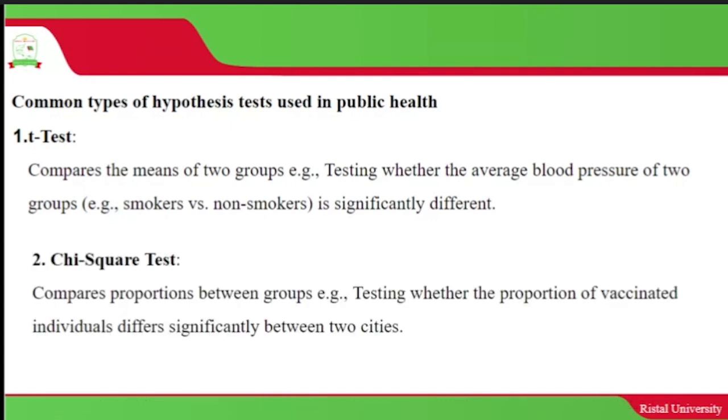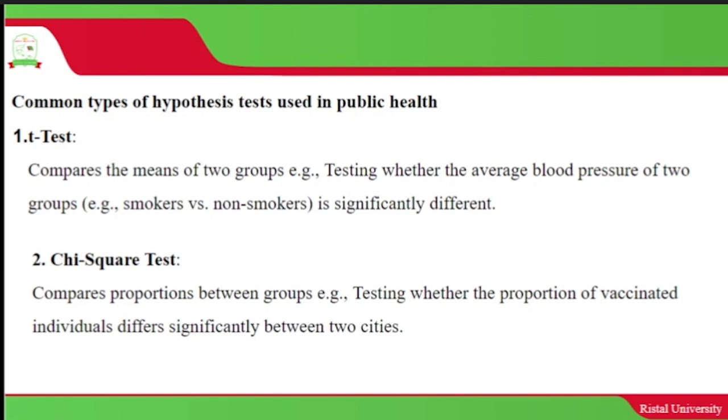So for the chi-square test, it compares proportions between groups. For example, testing whether the proportion of vaccinated individuals differs significantly between the two cities. The proportion of vaccinated individuals maybe in rural areas differs significantly from the proportion of vaccinated individuals in urban areas.